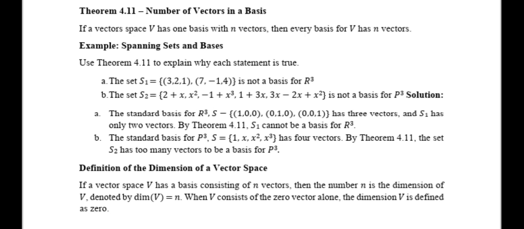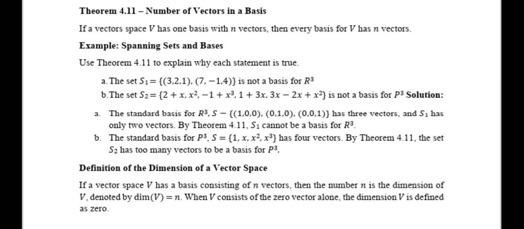By Theorem 4.11, S1 cannot be a basis for R^3. B. The standard basis for P^3, S = {1, x, x^2, x^3}, has 4 vectors. By Theorem 4.11, the set S2 has too many vectors to be a basis for P^3.